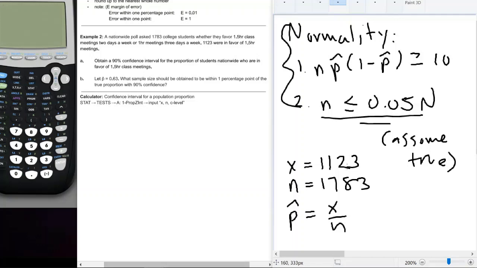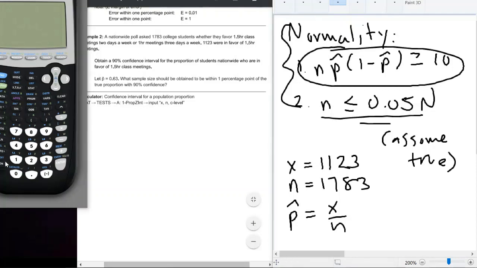In order for us to check this condition, let's plug in the formula. In the calculator, let's check and see if we have greater than or equal to 10. So we need 1783, multiply that by p hat. So we need to take the proportion 1123 divided by 1783.